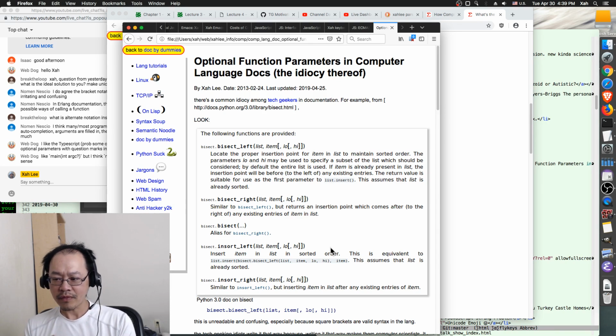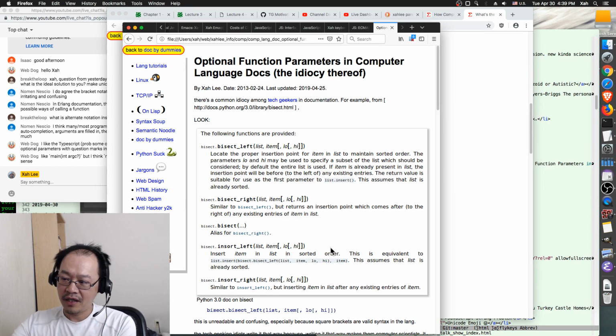Now remember, take notice that these two are different things. One is the notation for functions in documentation.